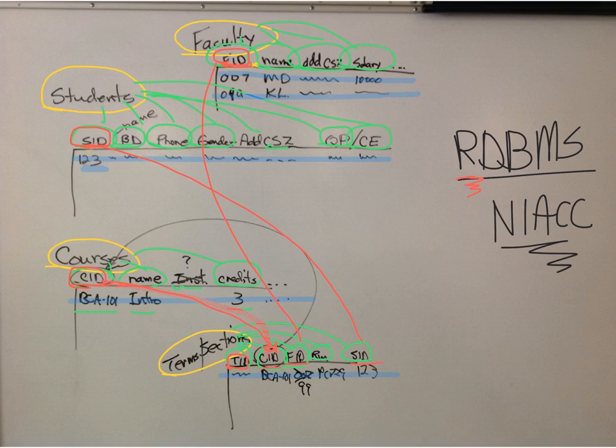So then for the term, when we list a particular record here, we can give it a unique number, and then we can list the course number, which then relates back to this course here under courses. And here's all the information for the course, and we just listed here. We can list who the instructor is. Originally I had 007 in there.